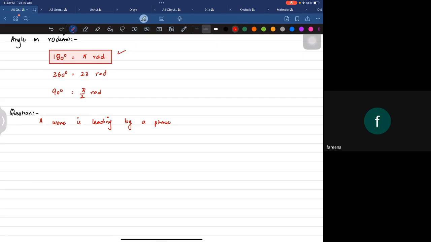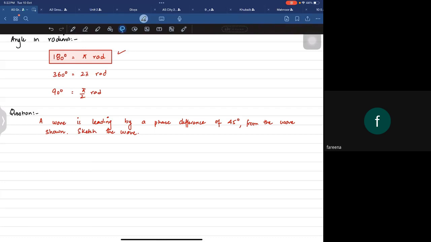A wave is leading by a phase difference of 45 degrees from the wave shown. Sketch the wave. Okay, so this is the question.